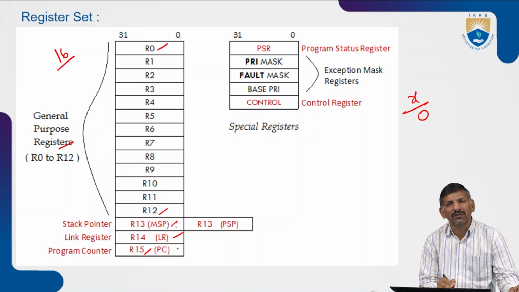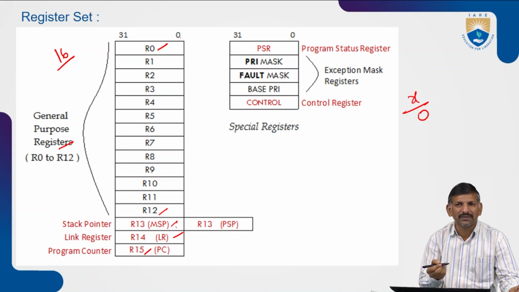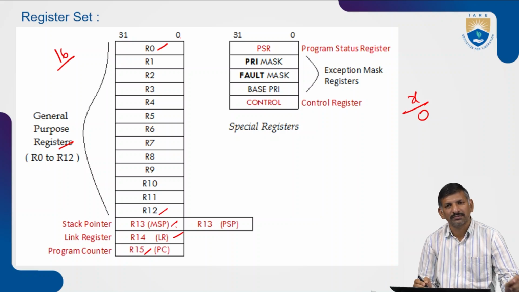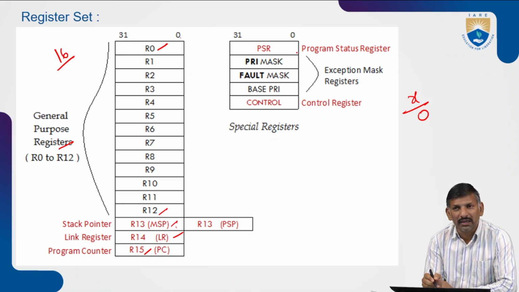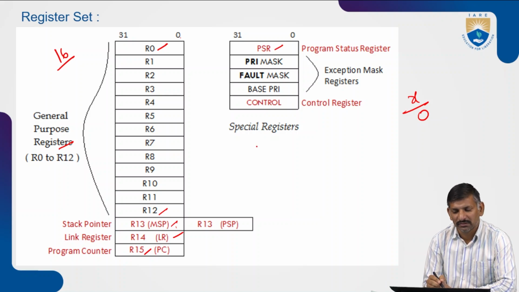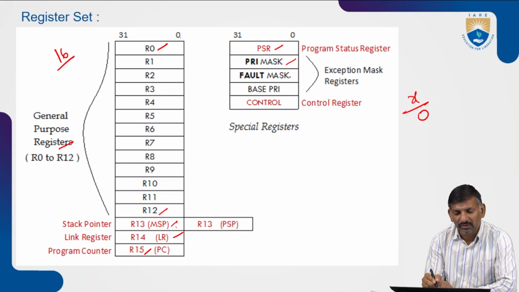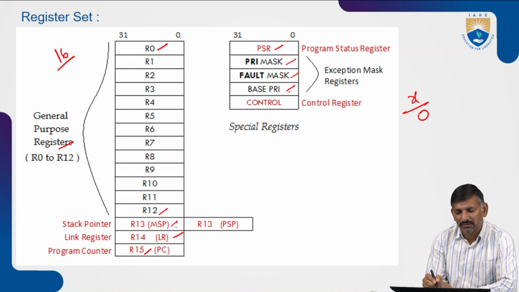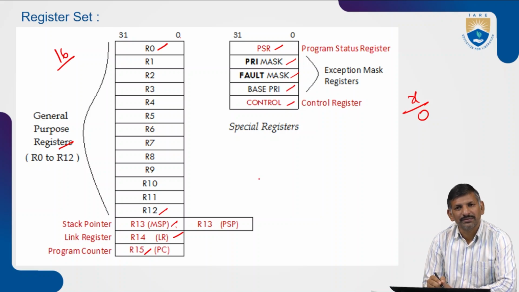Next, the program counter fetches the address of the next instruction to be executed. Next, it contains some special function registers. Those are the program status registers. Again, in this, there are the primary mask register, fault mask register, base priority register, and next, the control register.